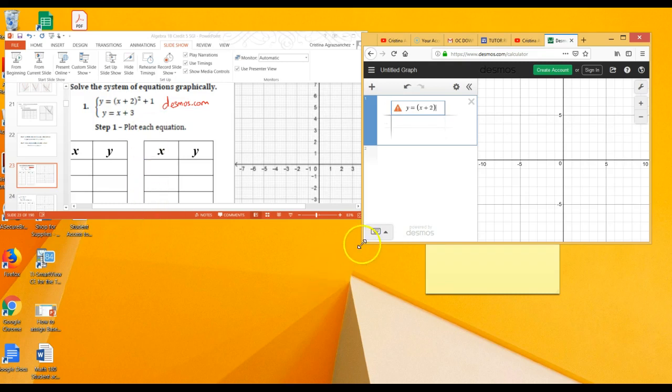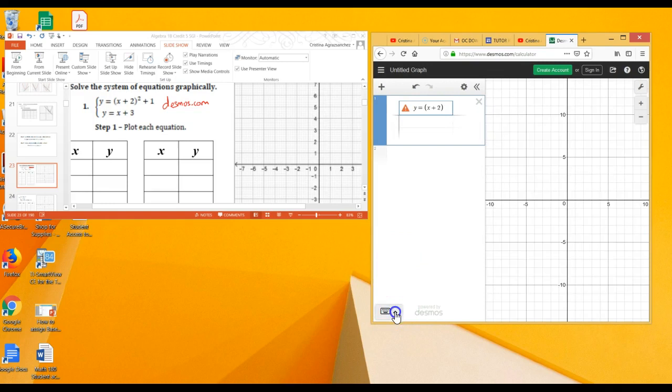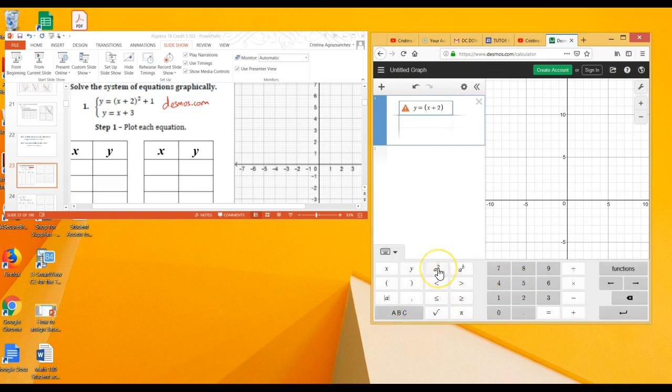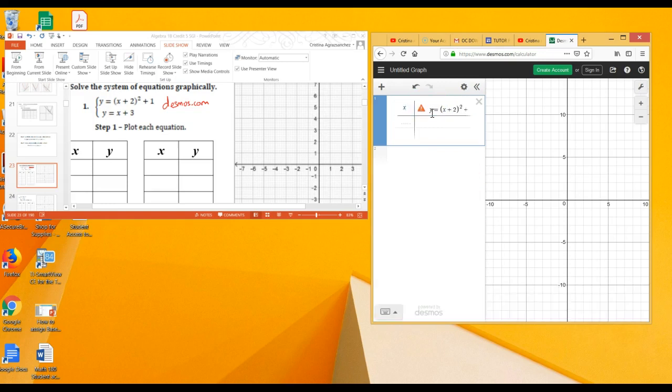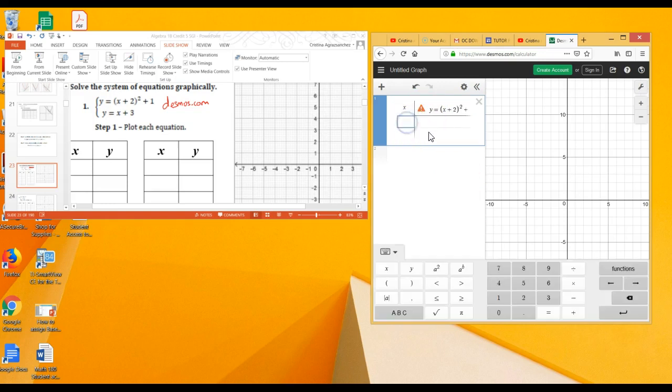If you're wondering, how do I square stuff? Because I typed this in, there's actually a table here we can use. So squaring, plus 1. Okay, we can use that. And let's put some values in. Why not?